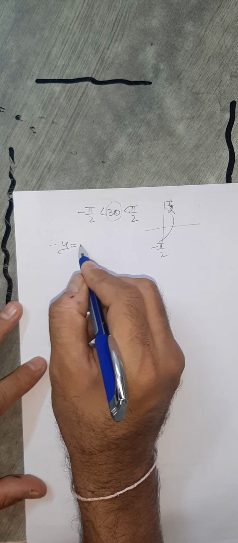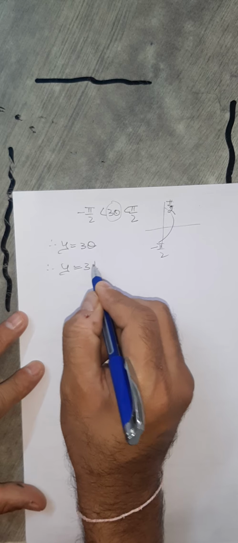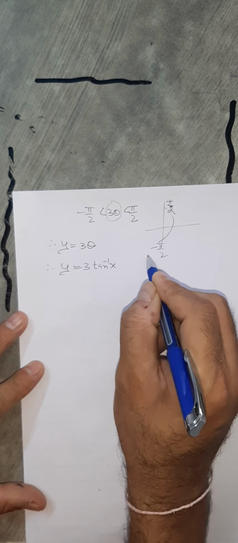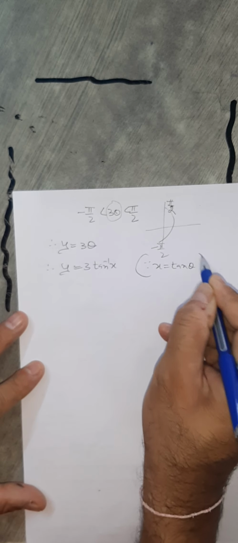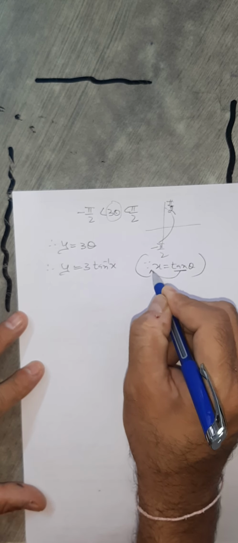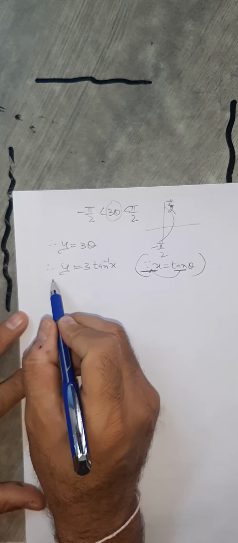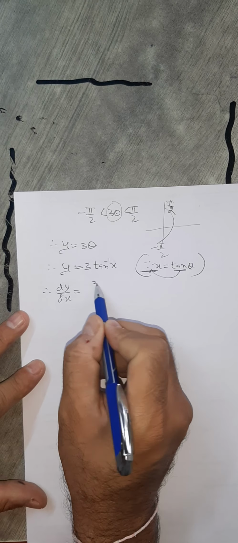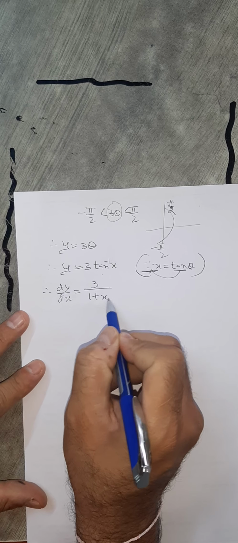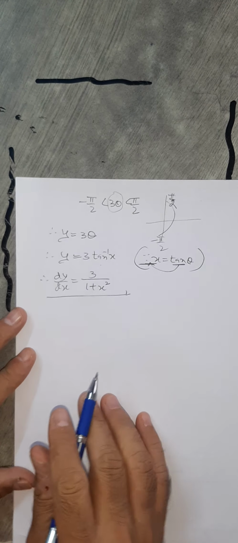And what is theta? X is tan theta, so theta is tan inverse x. This is chapter number 2, differentiation, just one line, 3 being constant as it is. What's the derivative of tan inverse x? 1 upon 1 plus x square.